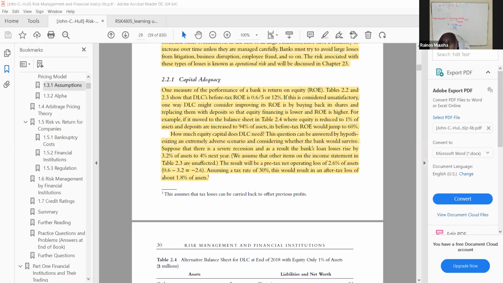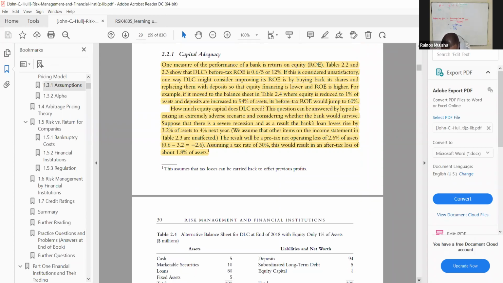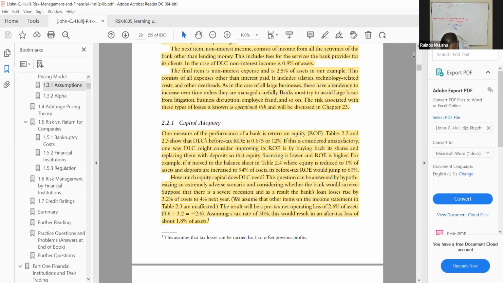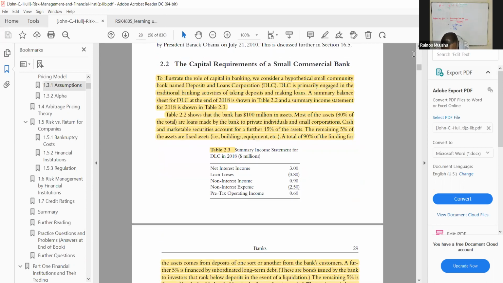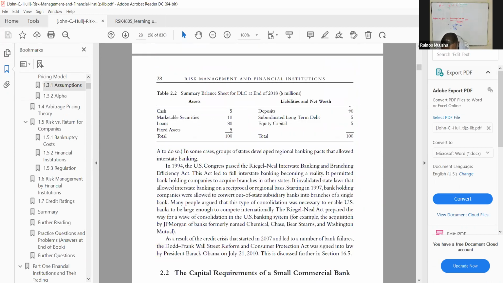If you look at this table 2.4, remember that on our initial balance sheet our deposits were 90 million and our equity was equal to 5 million.